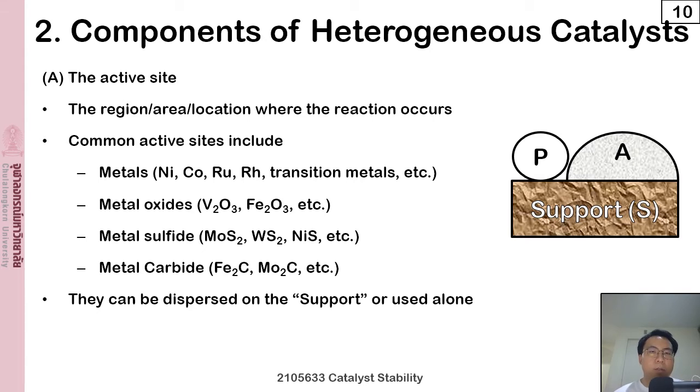The example is vanadium oxide used as the SCR catalyst, for selective catalytic reduction reactions. While for the metal sulfide, one example is molybdenum sulfide, which is used a lot in many reactions, which I will mention later. And the metal carbide, like iron carbide, is also used a lot.